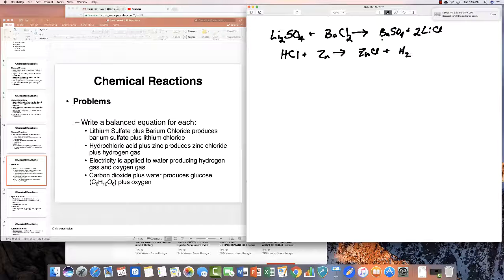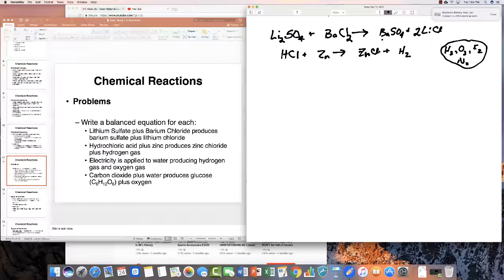When it is by itself, it's not just H, it's H2. The other ones are O2, F2, N2. And these exist in nature as diatomic molecules.